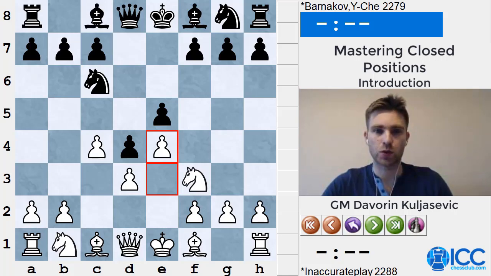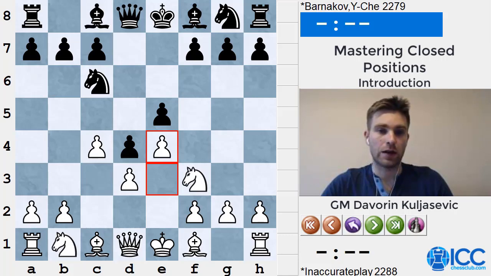In such positions the center is not blocked, but they are still kind of closed, because both sides have to maneuver and find the best type of flank action to actually open the position and get something. So these are the types of positions that we will analyze.